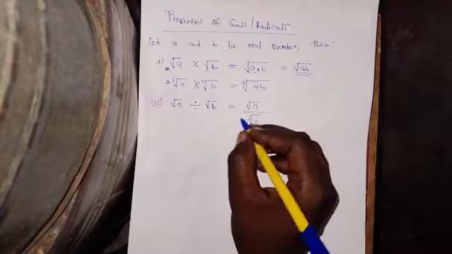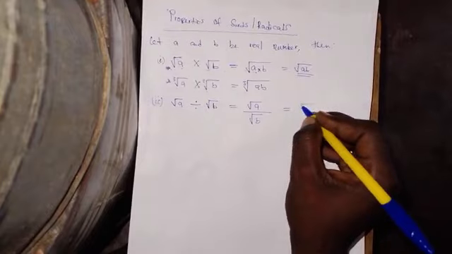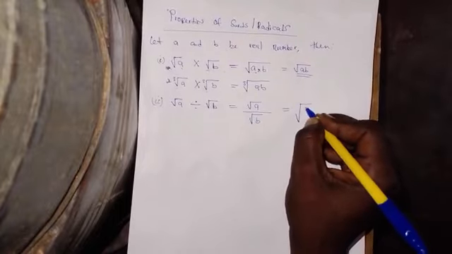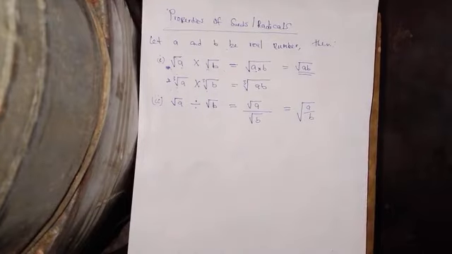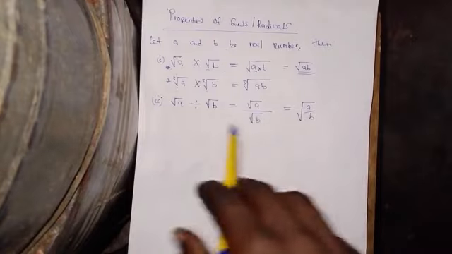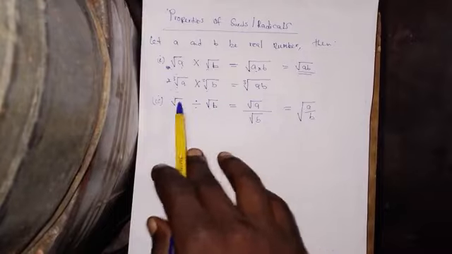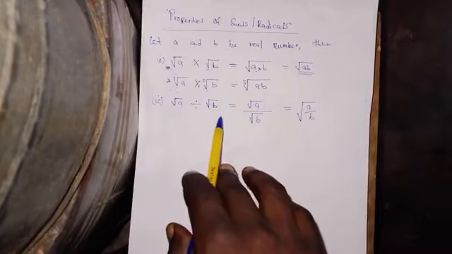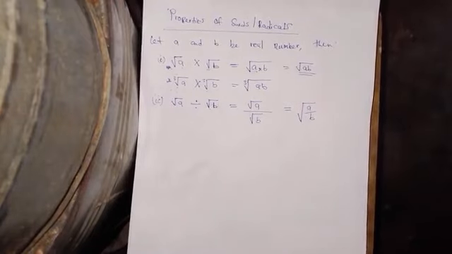So this is just the same as dividing the two real numbers under the same root. So we have A over B. Provided that these are the same radicals, just divide these numbers under that root. It's the same idea.